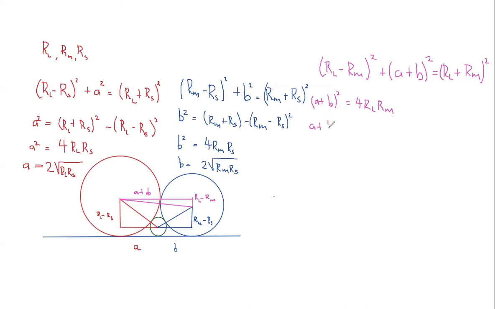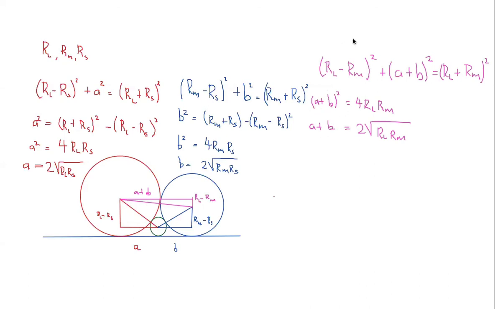So A plus B is going to be equal to 2 root RL RM. And now we have here an expression for A. We have an expression for B. So we can substitute that on this side.